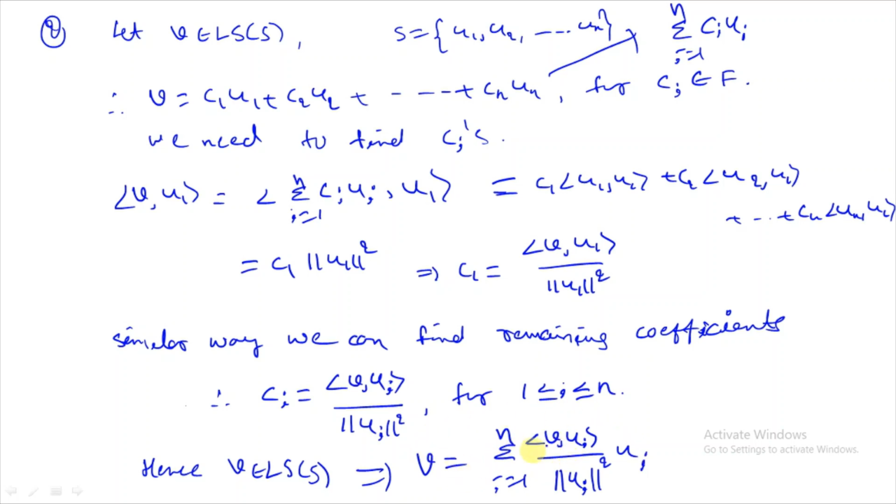That is the linear span, that is a linear combination, some number into Ui. Any vector in the linear span of the set we can write in this way. These you can call the coordinates of a vector.